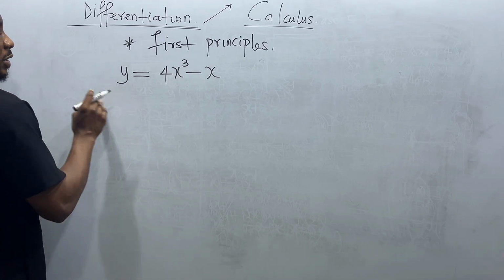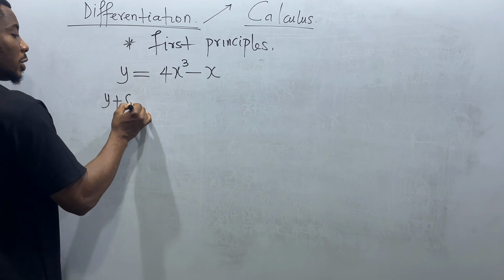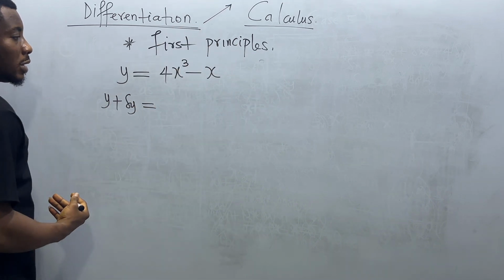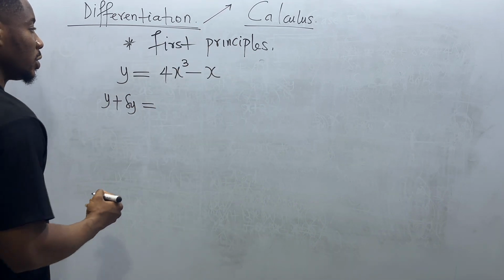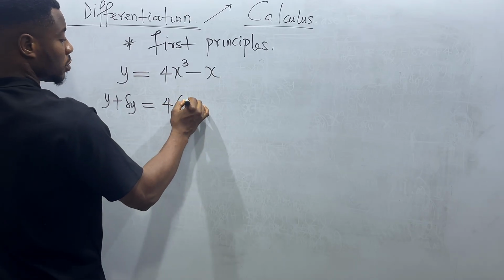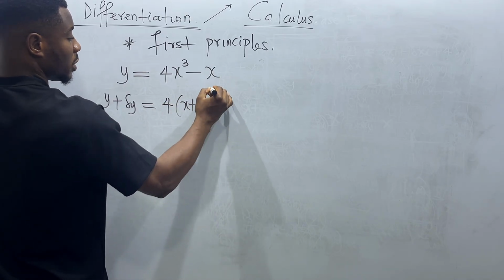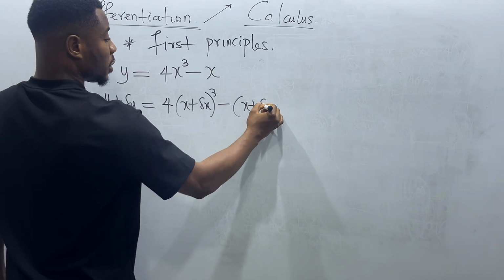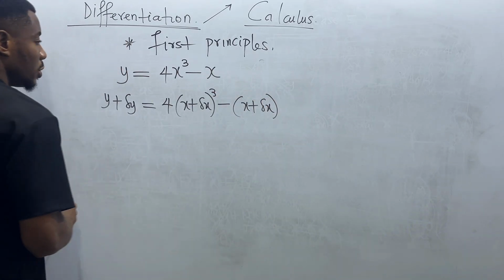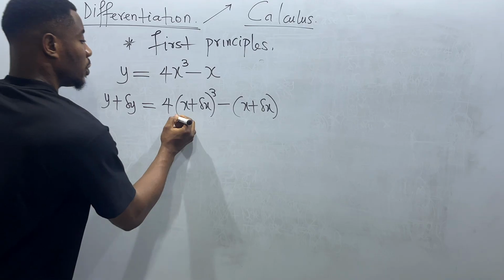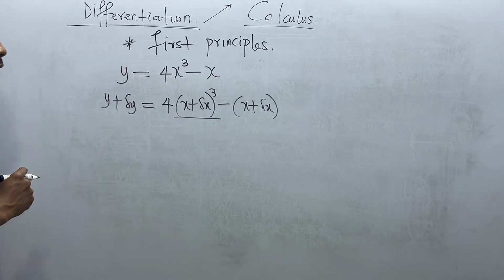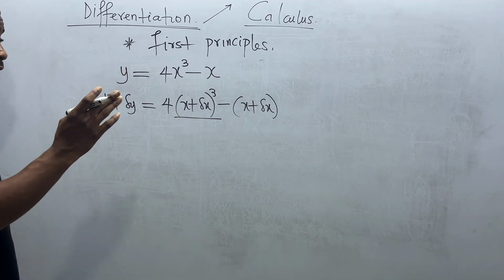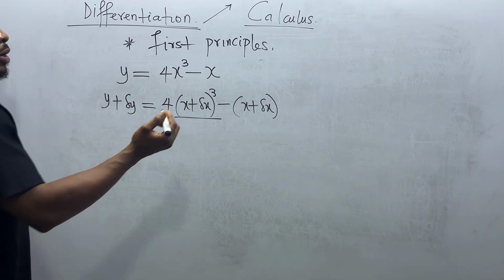We're going to increase y by change in y, so we'll have y plus change in y, and increase x by change in x. So this gives us 4 into x plus change in x, but there's a cube, don't forget. Now minus x plus change in x. So at this point, we have to do the expansion for x plus change in x all cubed. You can use binomial expansion, or you can do it manually.